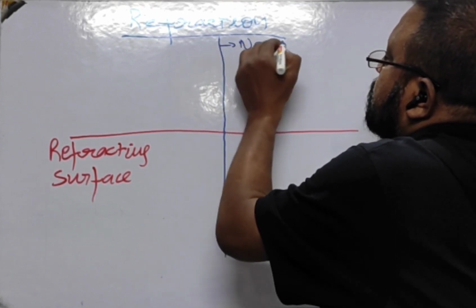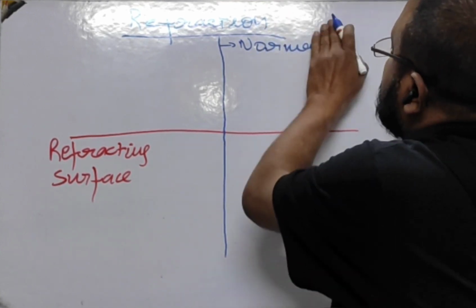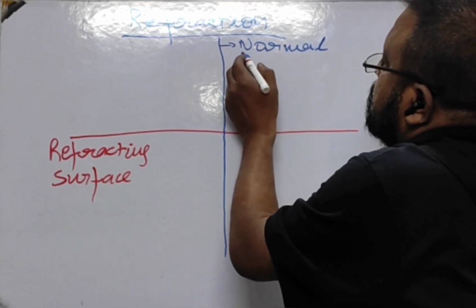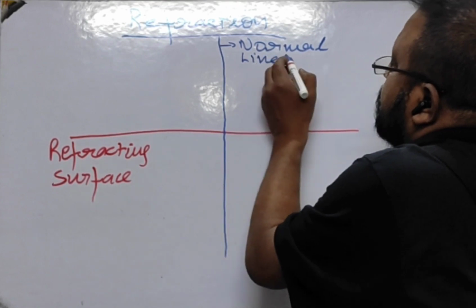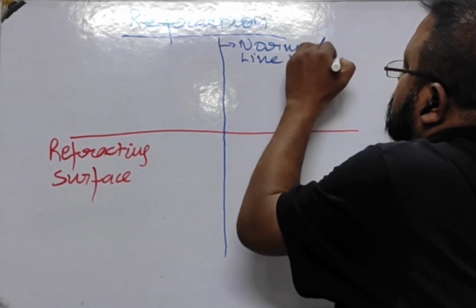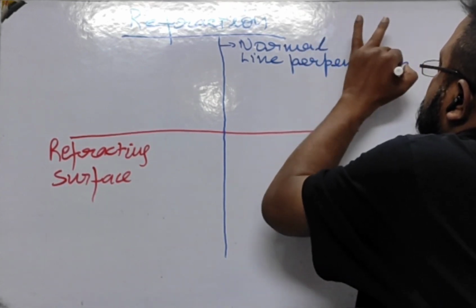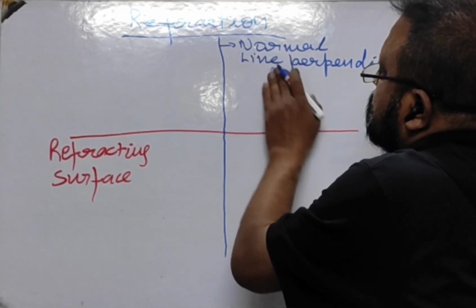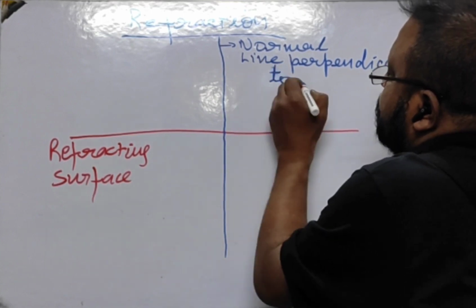नॉर्मल क्या होता है? लाइन नॉर्मल मीन्स लाइन perpendicular to refracting surface.